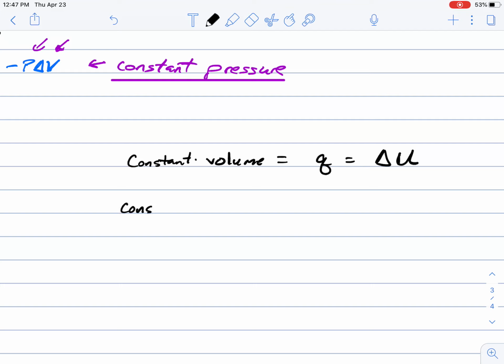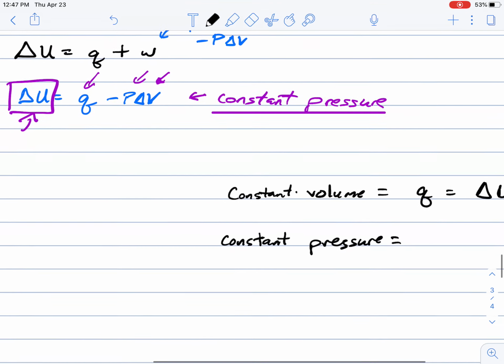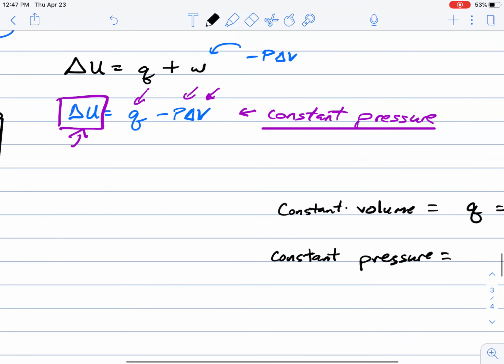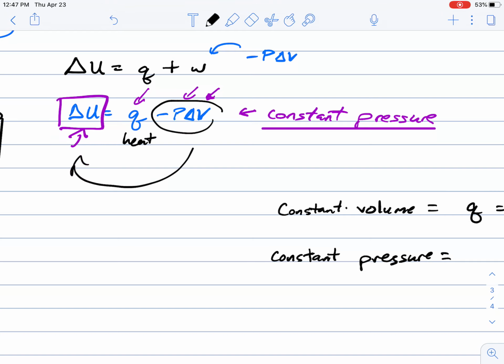However, under constant pressure, one way that we can define heat is by moving this term to the other side.